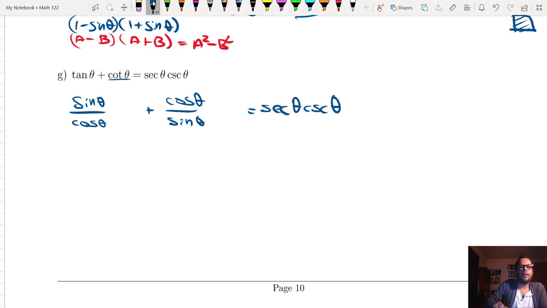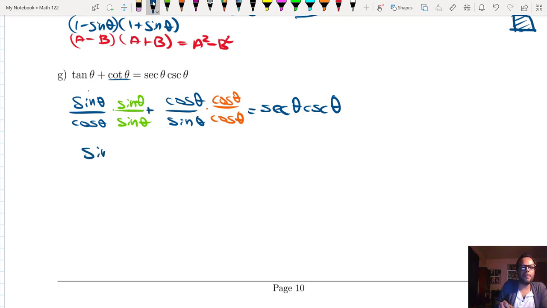Now, we need to multiply by the LCD. The LCD is going to be the product of sine and cosine. Multiply by sine, and multiply by cosine. Now we can multiply this together, times sine times sine.